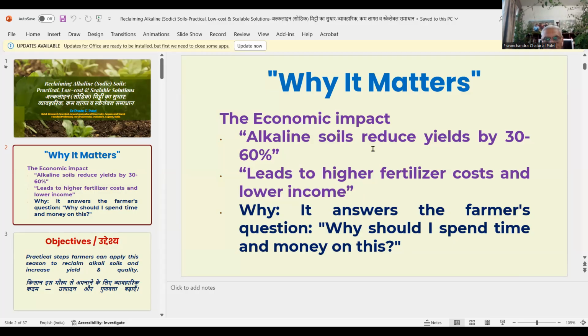Because there is a reduction of yield of about 30 to 60% and higher fertilizer cost, and the farmer gets low income. That is why they do not incur more expenditure for the reclamation of alkaline soil.